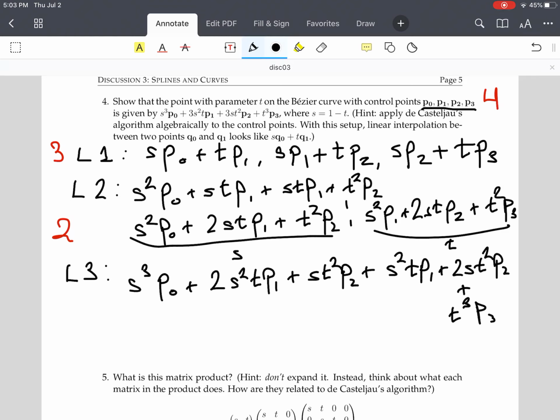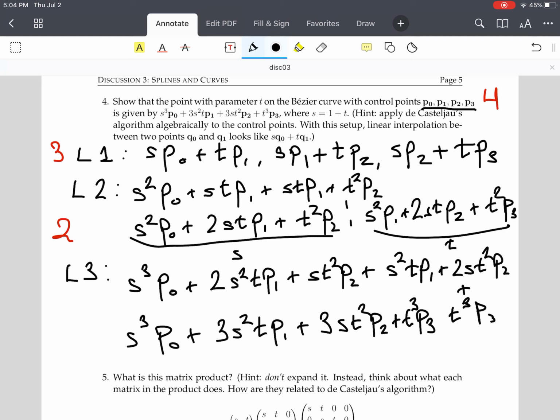And so you might notice we have a few overlaps. s squared t p1 shows up twice, st squared p2 shows up twice. So we can simplify this a little bit: s cubed p0 plus 3s squared t p1 plus 3st squared p2 plus t cubed p3.